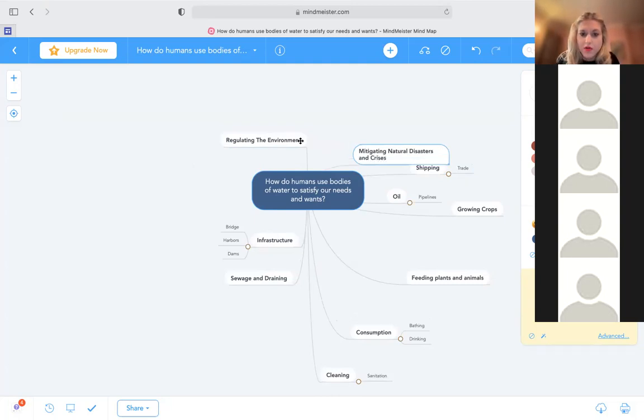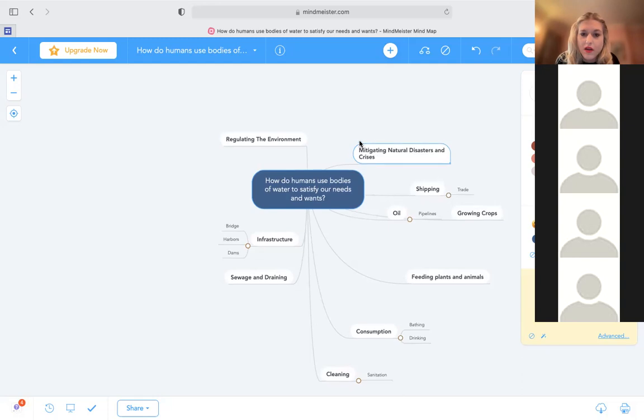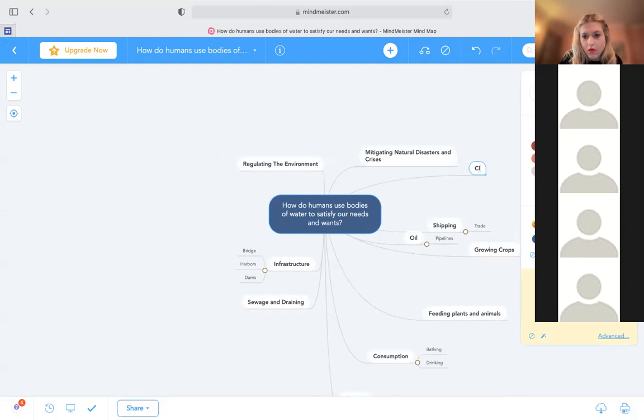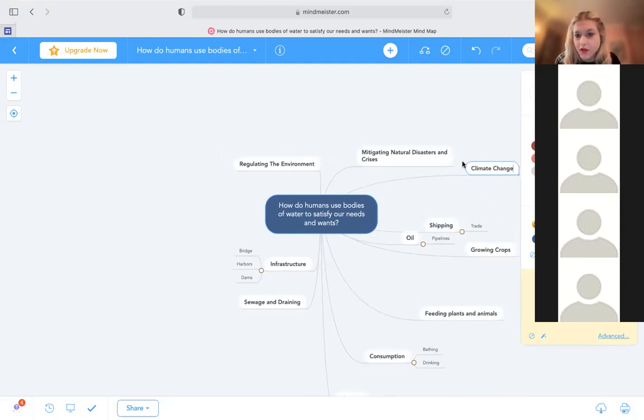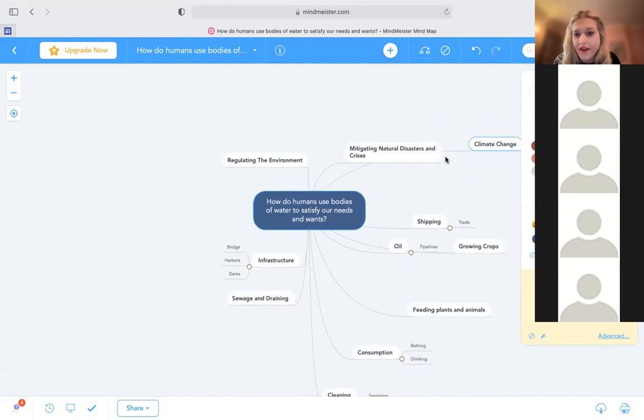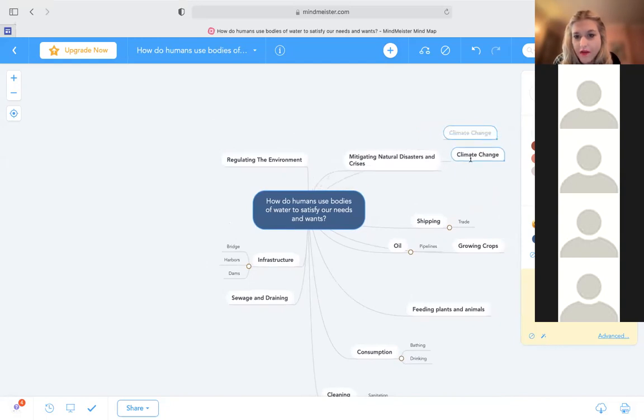For example, how can we regulate the environment or our water resources to make sure that we can combat the effects of climate change? Or flooding associated with climate. Whether flooding is caused or not caused by climate change, global warming, is up for debate.